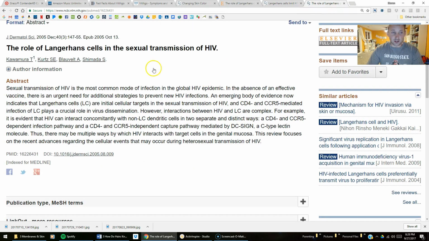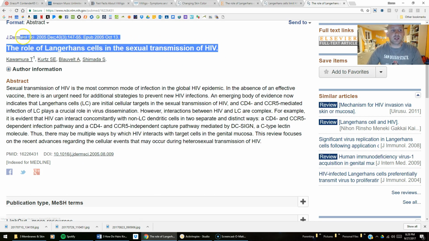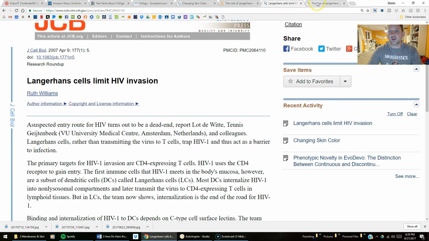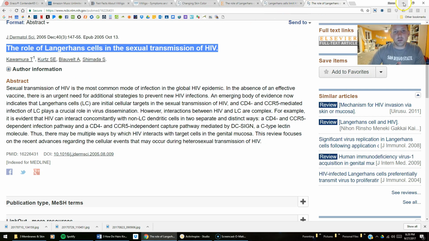Another study is showing that they actually have an important role. It's almost like they're the first ones infected by HIV and they propagate or continue on the HIV virus. So there's not a lot of consensus, as far as I can tell, on the role of Langerhans cells with HIV, but it seems like they're connected in an important way.